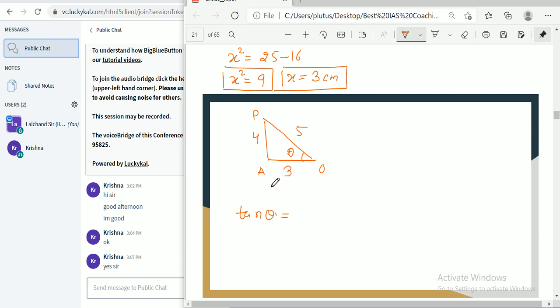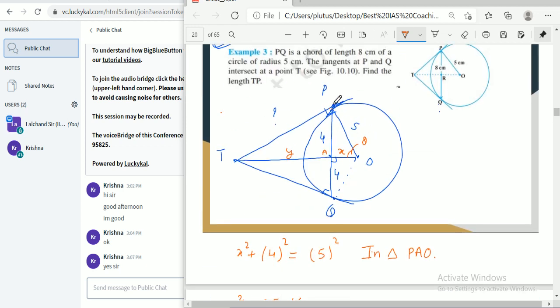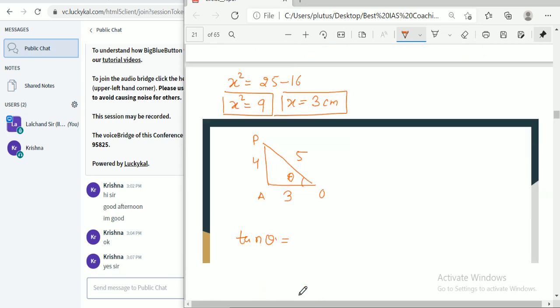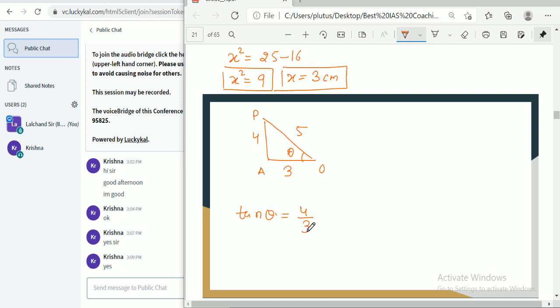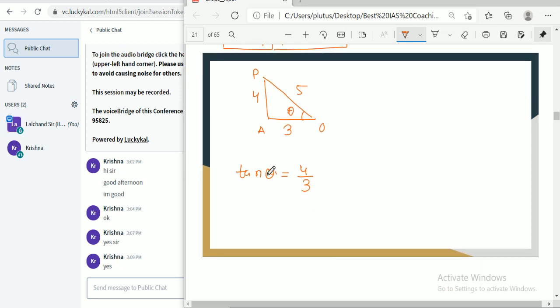Tan theta is simply perpendicular divided by base. So we can write tan theta as 4 by 3. Are you following this, Krishna? Okay, fine.